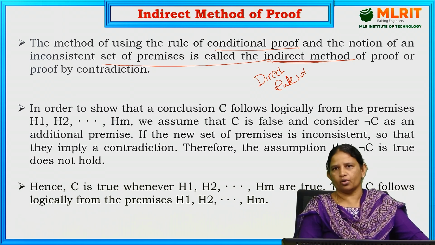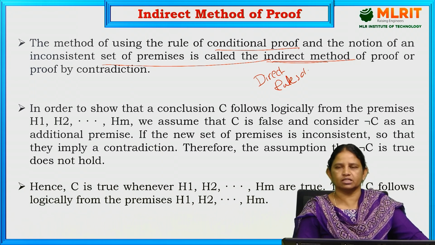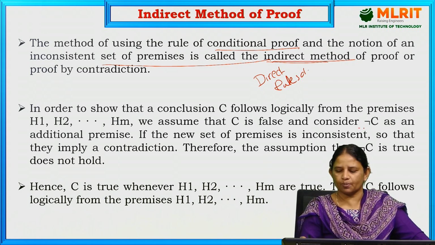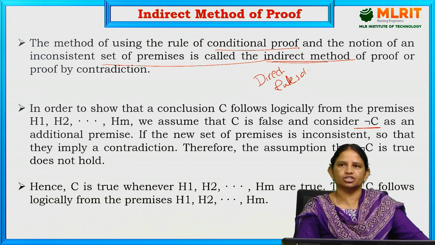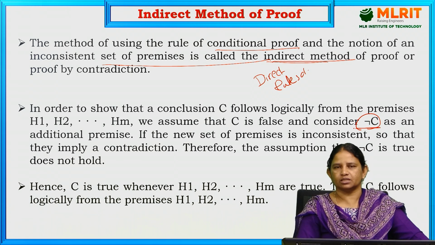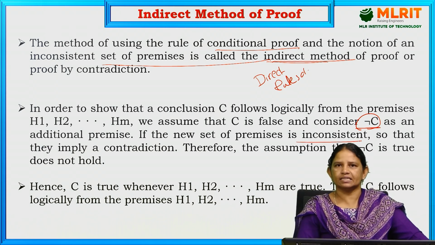In the case of the indirect method, we show that the conclusion is false. For this, we take an additional premise, the negation of C, and we have to show that the set of premises is inconsistent.